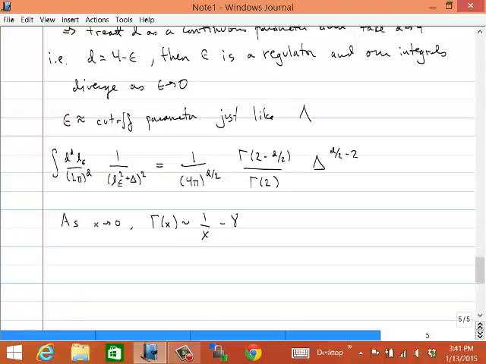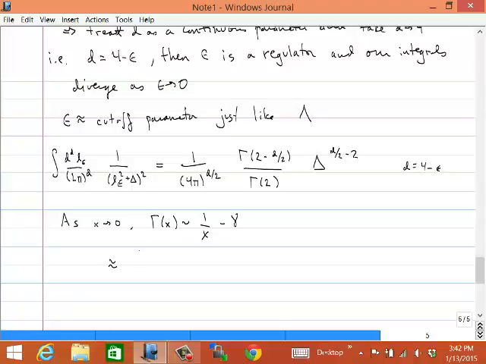So this gamma function has a pole as its argument goes to 0, so that this integral, as you take d to 4, so let's set d to be 4 minus epsilon, has a simple pole as epsilon goes to 0, coming from the gamma function.